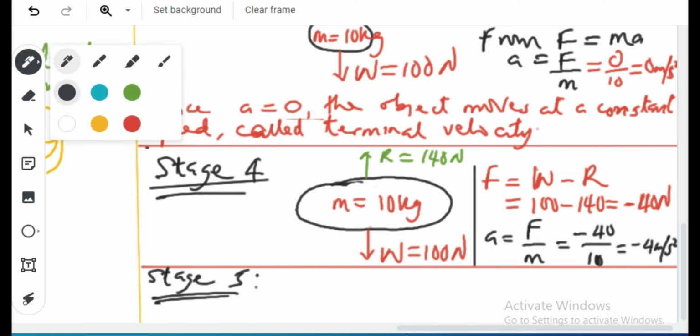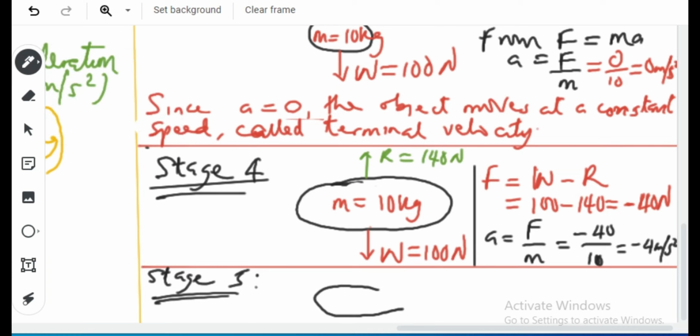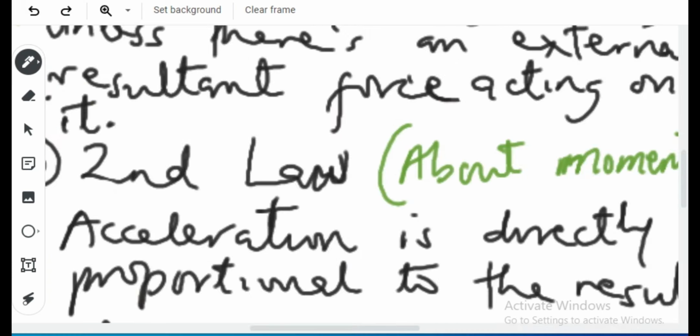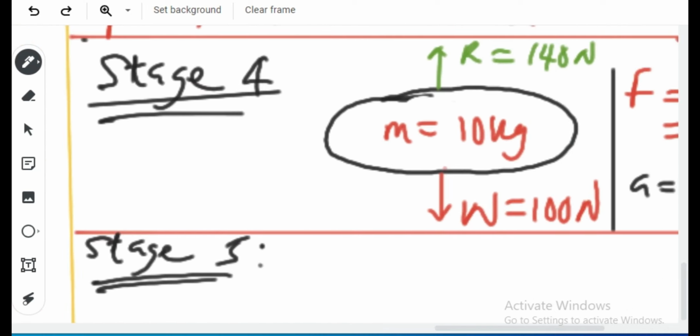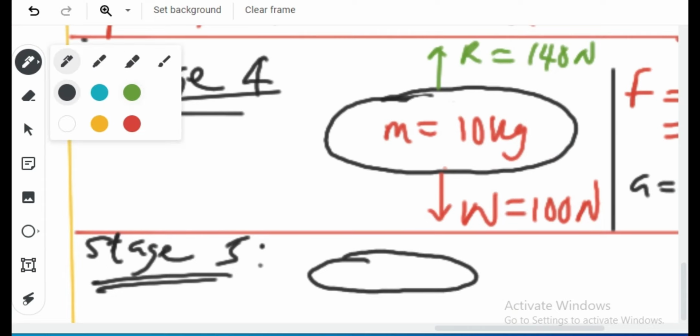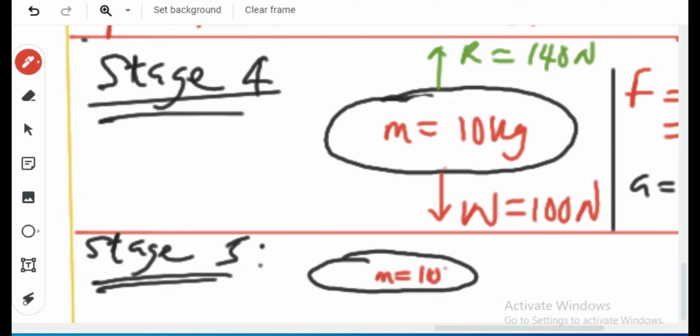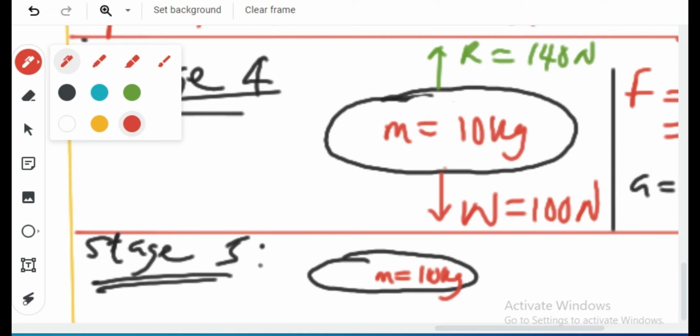See, the parachute is still opened the way it is. The mass is still 10 kg, right? Now give me a value of the air resistance now.